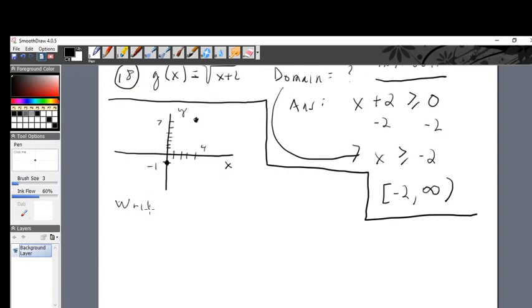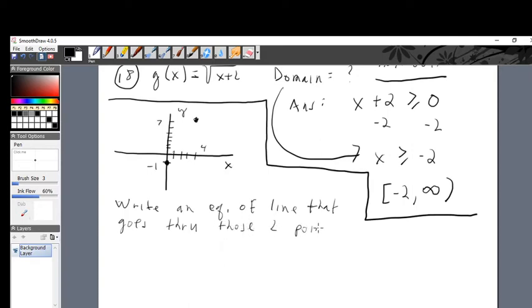What they say is write an equation of a line that goes through those 2 points.